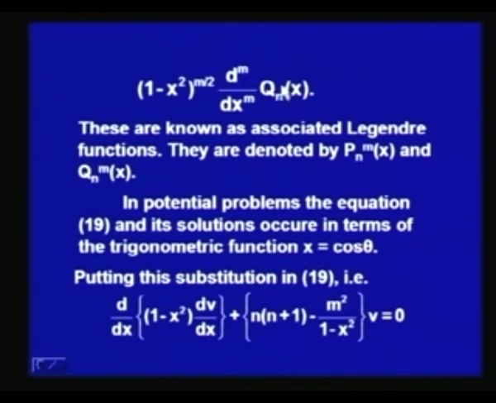We know that P_n(x) and Q_n(x) are the solutions of the Legendre's equation. So, these are known as associated Legendre's functions. They are denoted by P_n^m(x) and Q_n^m(x).